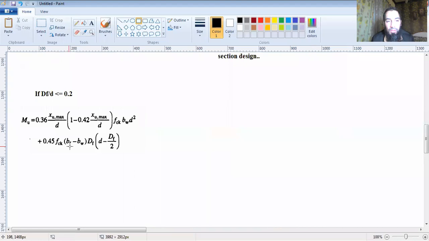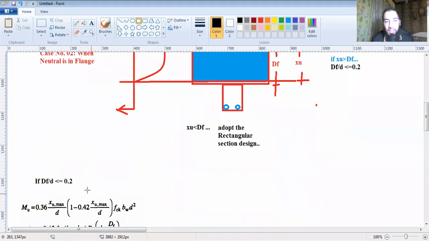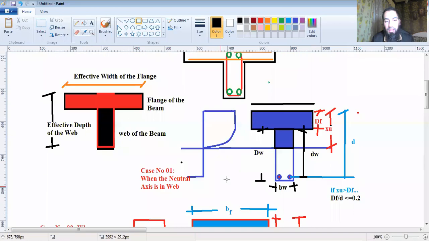So what has been taken there? When bw has been taken and d, because d will be taken from the top, it has been divided into, number one, this portion in compression, and then the rest of this portion and this portion in compression.